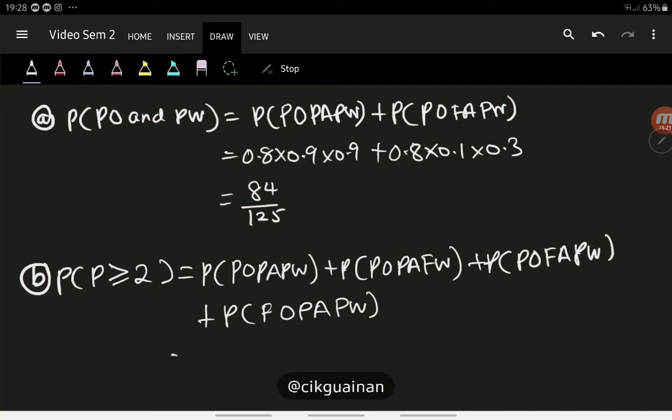So these are all the 4 plausible ways that you can pass at least 2 tests.